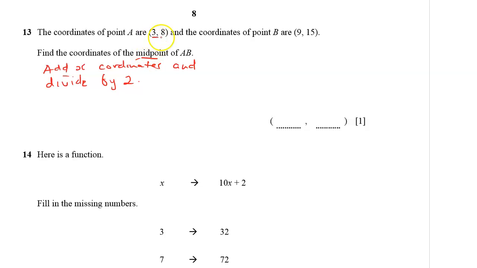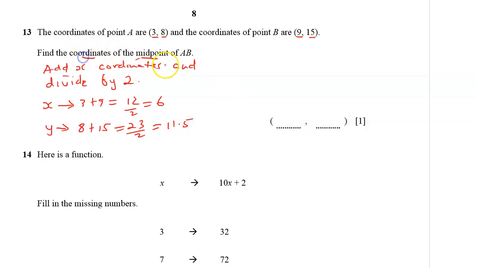The x coordinates are 3 and 9, so 3 plus 9 gives us 12. 12 divided by 2 gives us 6. Do the same for the y coordinate. Y coordinates 8 and 15. So 8 plus 15 gives us 23. 23 divided by 2 gives us 11.5. So the coordinates of the midpoint of AB will be 6 and 11.5.